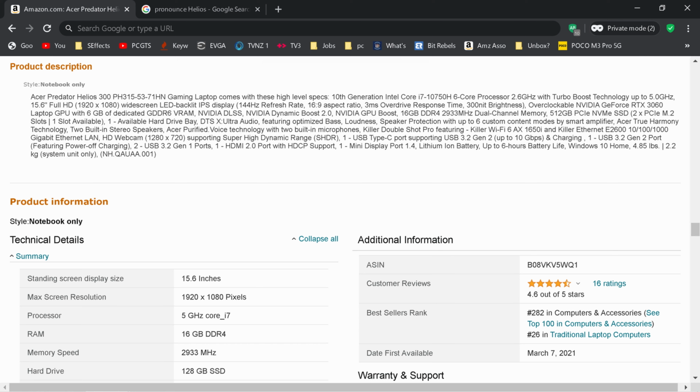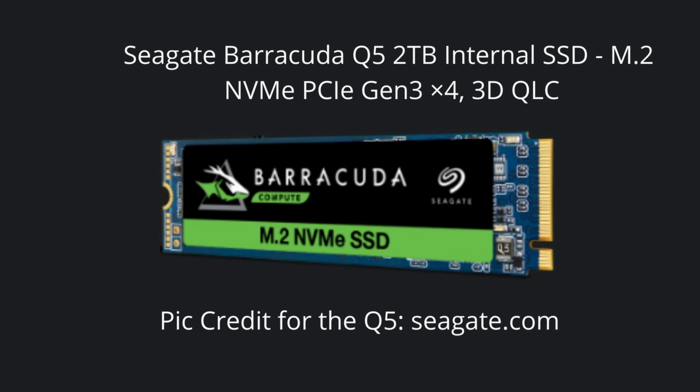If you want to do video editing, then, like I said, you want to upgrade that RAM to 32 gigabyte. And I don't know if you can exchange it with Amazon. You may just have to try and sell the old 16 gigabyte on eBay or something. 512 gigabyte NVMe SSD.